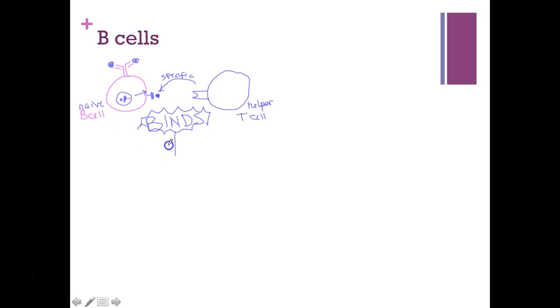When it binds together, it will become activated. All right, trigger that immune response. Let's kill these bad guys, right? Okay, so now let's talk about our T cells.